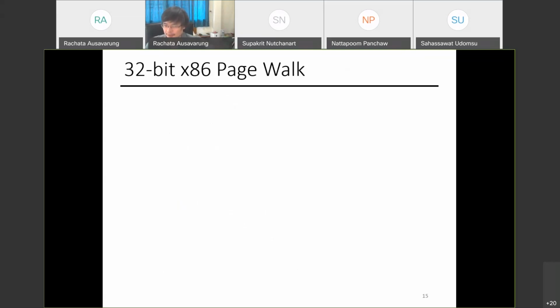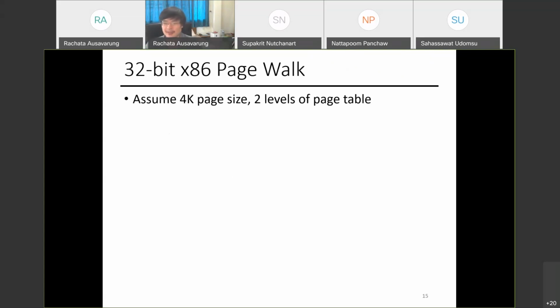So assume a 32-bit machine. If you have a 2 level page table and a page size of 4 kilobytes, how many bits do I need for the page offset? Remember, the page offset tells me which byte I am trying to access inside the page. So how many bytes do I need for the page offset?